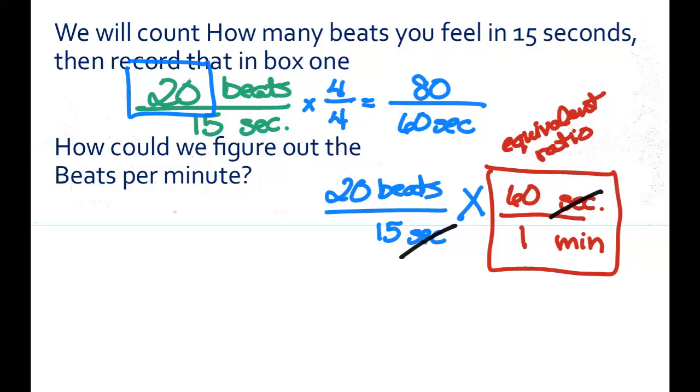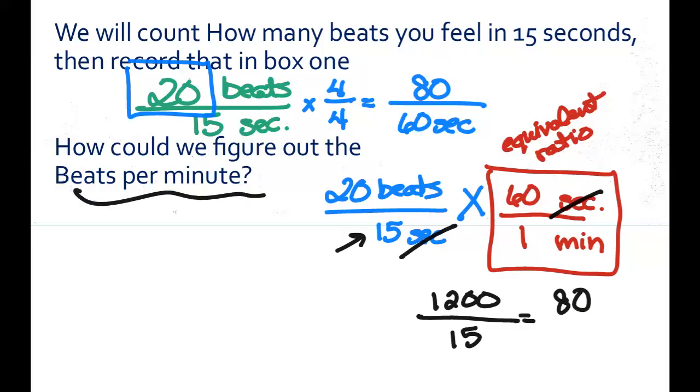And so when I multiply, I get 20 times 60, which is 1,200, divided by my denominator of 15. And that is going to give me... What does that give me? Somebody, here's my calculator. 80, which is the same for a minute.